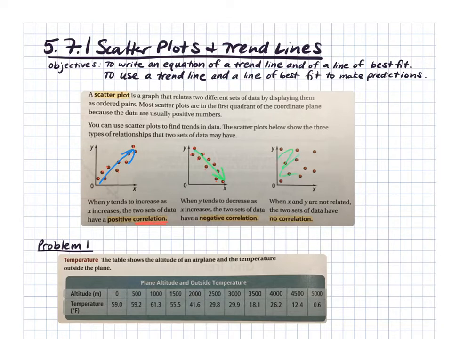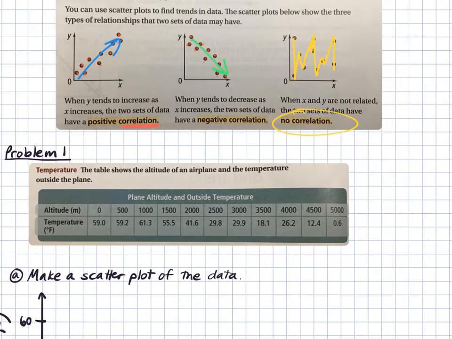If they're all over the place and it doesn't look like they're going up or down, zigzagging all over like this, that's not really a line. That's no correlation. So the first thing we're going to do is have a table with values, plot them as ordered pairs, and then see if we notice any correlation.